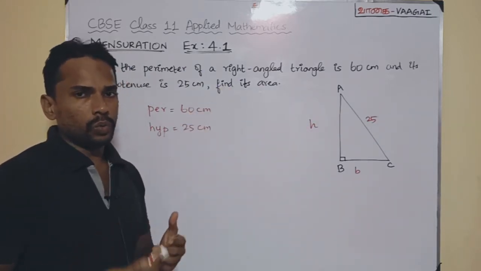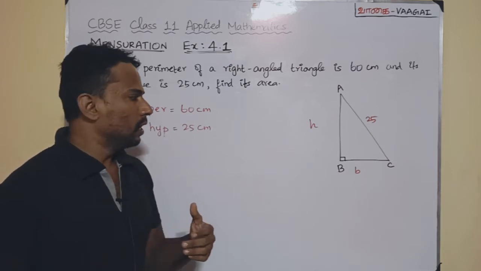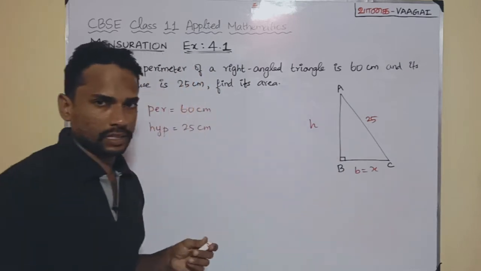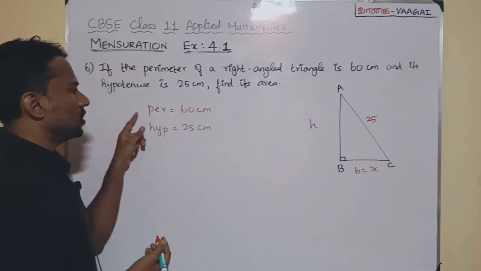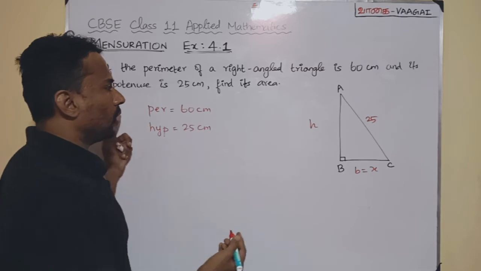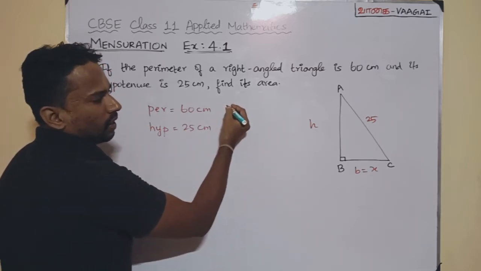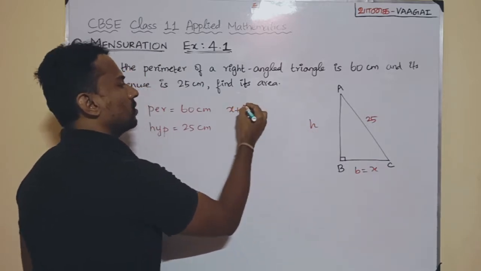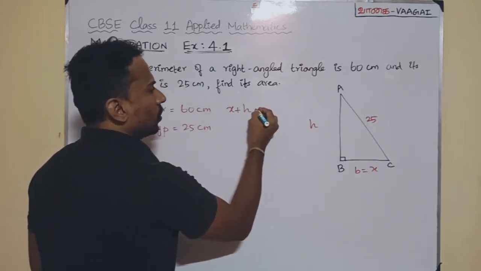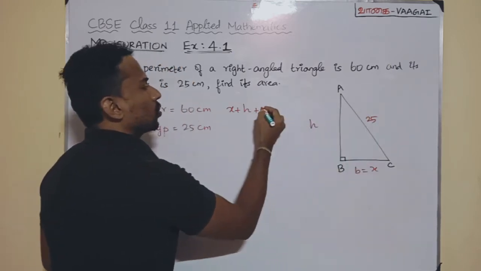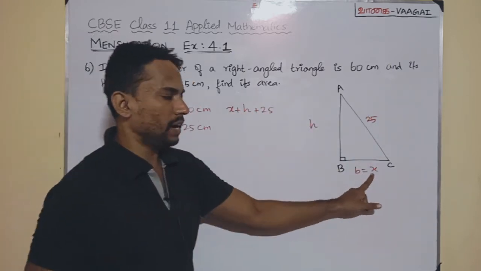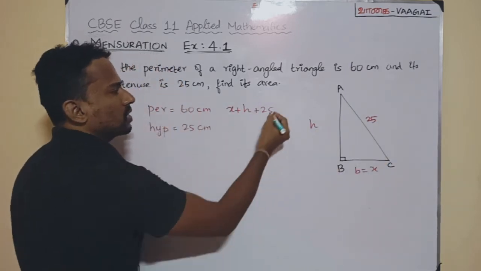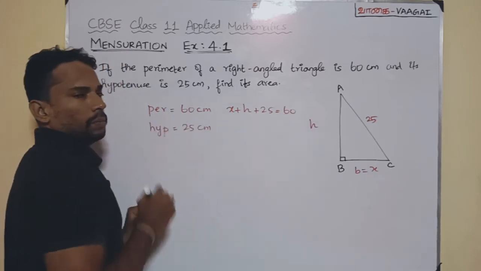So I'm going to take the base as some x. Now see what will happen. Since we know that the perimeter is 60 centimeters, I can say this base x, plus this height h, plus this third side 25, the addition of these three sides will be equal to 60 because the perimeter is given to be 60.